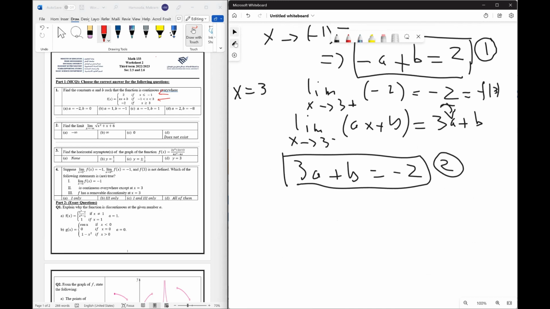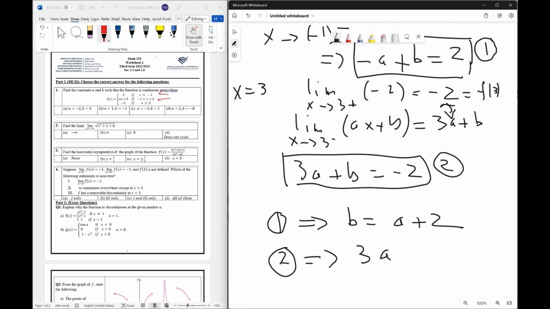So if I do this, then clearly from 1, I can conclude that b is a plus 2. I can write it like that. And when I use 2, I will substitute b by a plus 2.